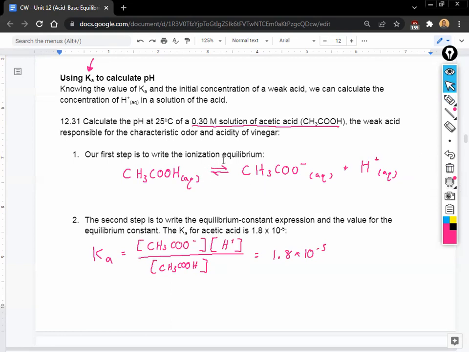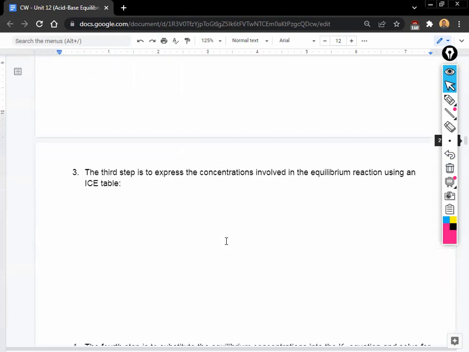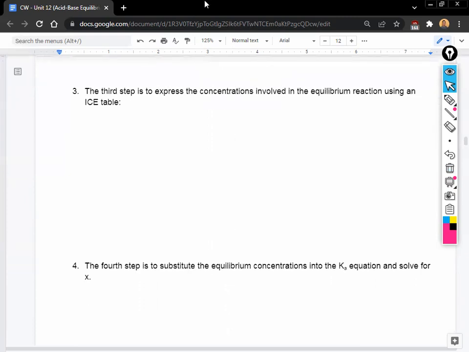So once we have the equilibrium and the equilibrium constant expression, what we're going to do now is write the ice table. You can do this underneath your equilibrium, not the expression. We're going to do an ice table for this equilibrium right here.